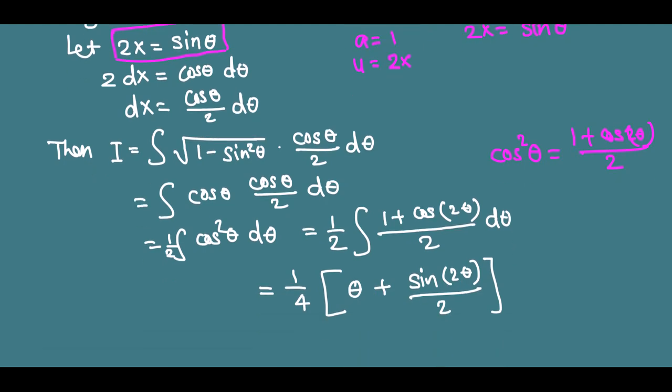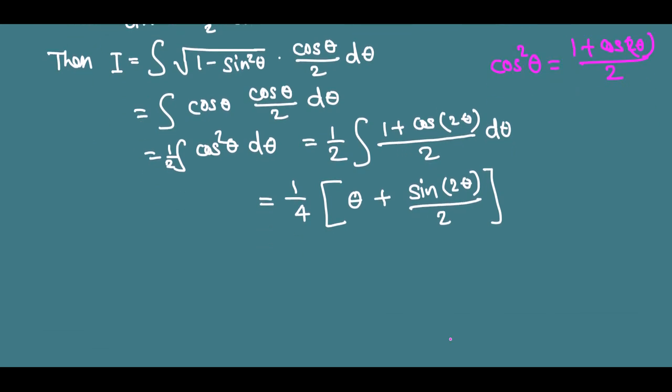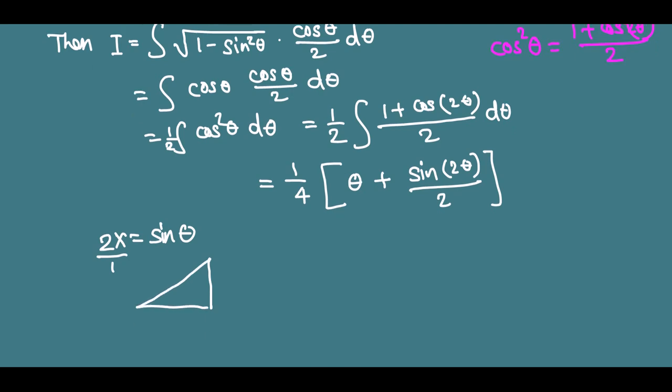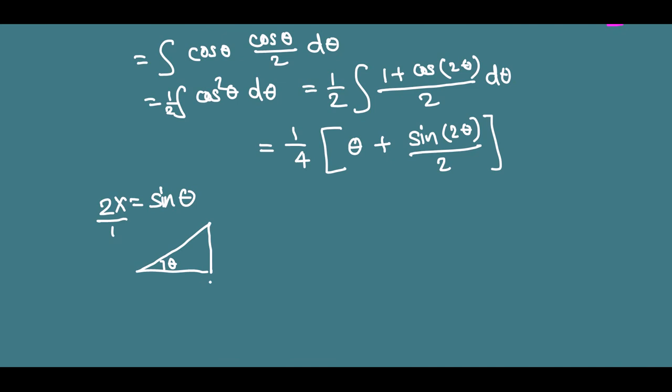Let's work that out. Our assumption is 2x equals sine theta. That was the original assumption. So let's make a right triangle based on this. We can always write 2x as 2x over 1. So we have a right triangle, and this angle is theta. Sine is this side over this side, so 2x over 1.